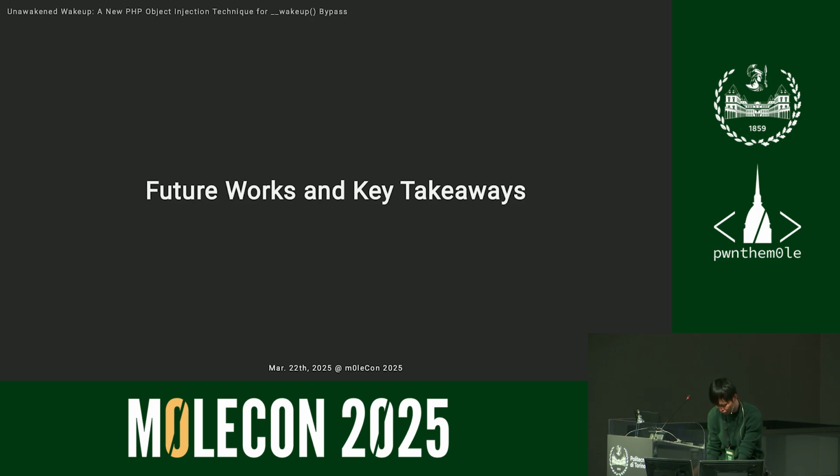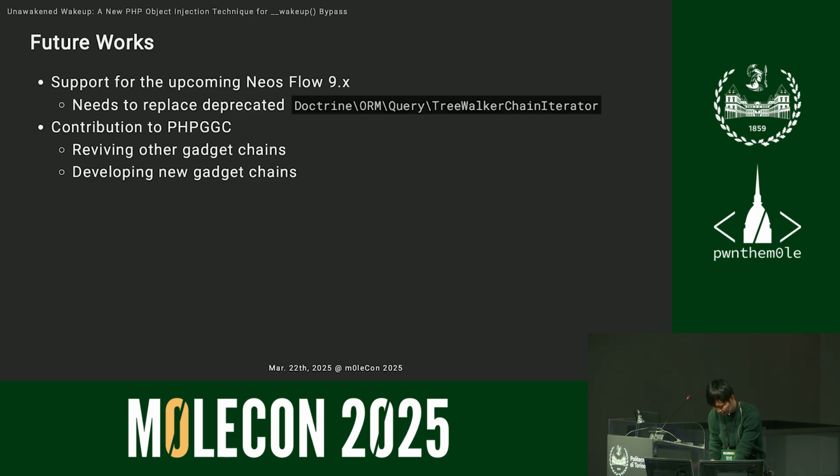And the last section, as for future directions, the following aspects can be considered. Support for the upcoming Nails Flow 9.x. Unfortunately, one of the gadgets used in the demo, the AOI gadget, Doctrine ORM query, tree walker, chain iterator, has been removed in the latest version of Doctrine ORM.